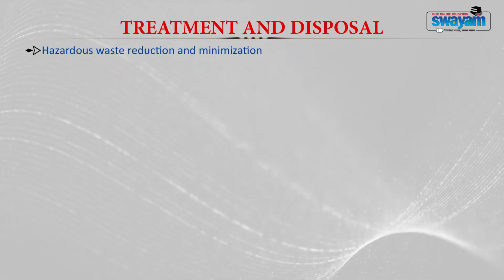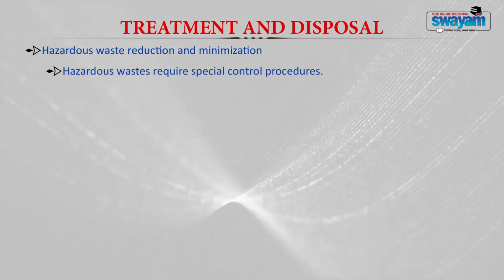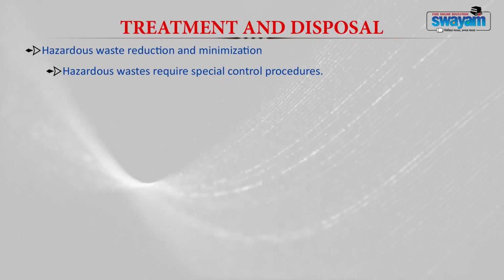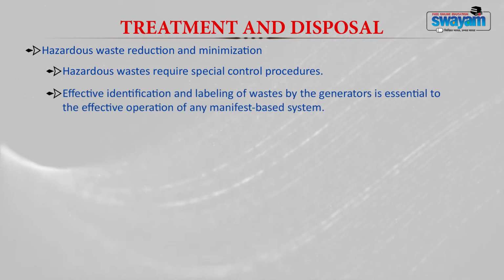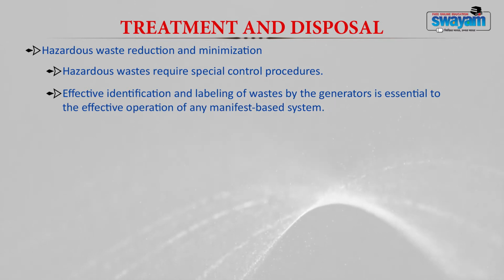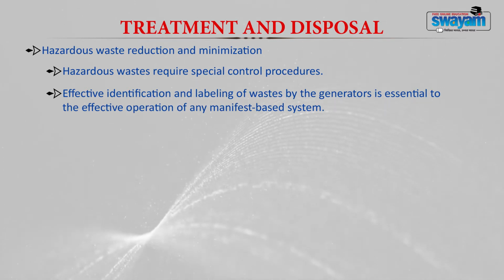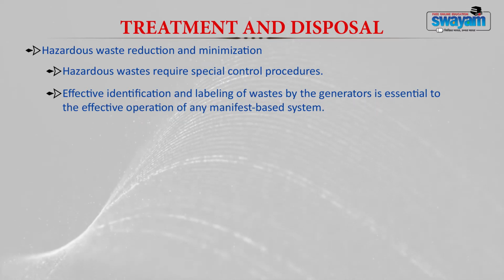Now, hazardous waste reduction and minimization. Hazardous waste requires certain special control procedures. You need to have effective identification and labeling of waste, which, if done by the generator, will make it very easy for us to abide by the manifest based system.